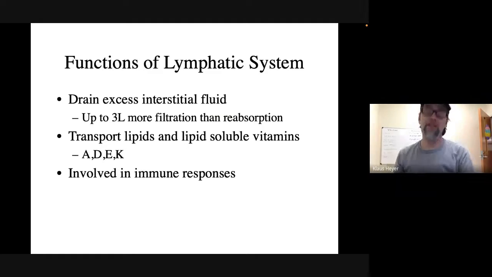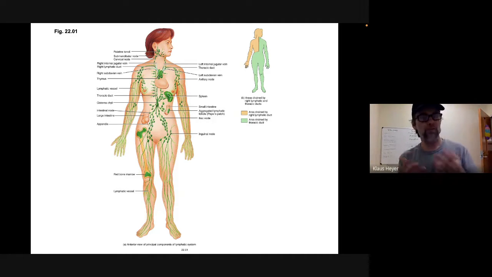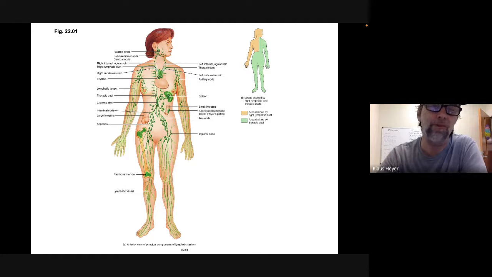But the lymphatic system is involved in immune responses. The spleen is involved in immunity. The red bone marrow, that's where your white blood cells are made, like your T cells and stuff. The thymus, we'll talk about it, but they're all immune system organs.